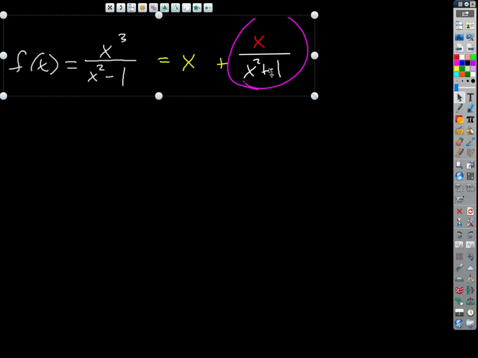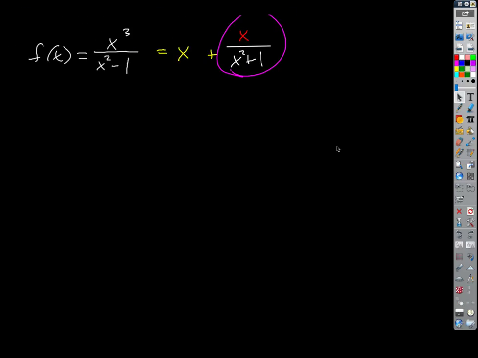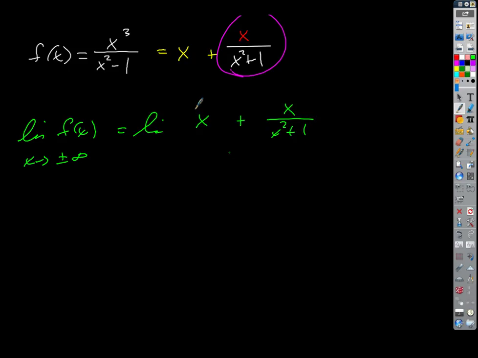Okay, well, what's our whole point here? We were trying to find end behavior, right? So if we're going to take the limit of this, what's going to happen? If I take the limit of f of x as x approaches plus or minus infinity, we get the limit of this answer, x plus x over x squared plus 1, as x approaches plus or minus infinity.